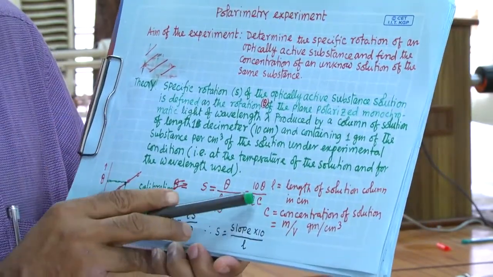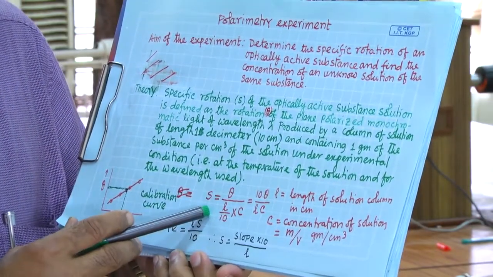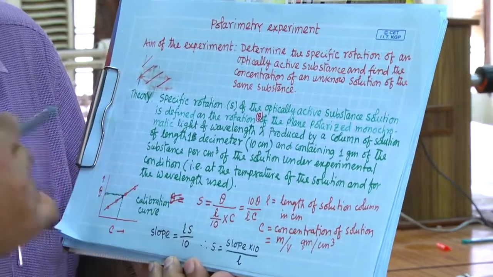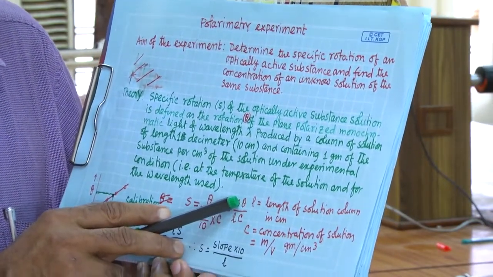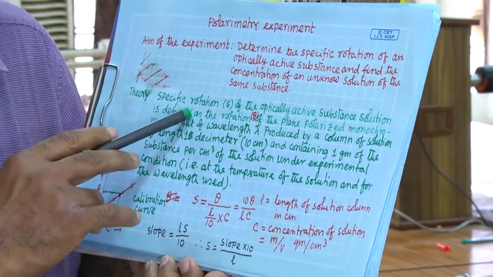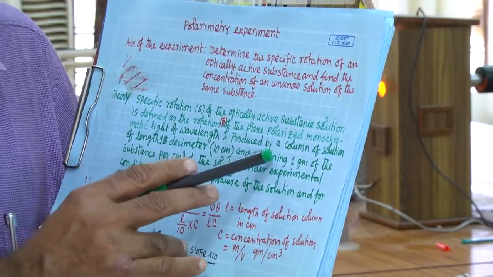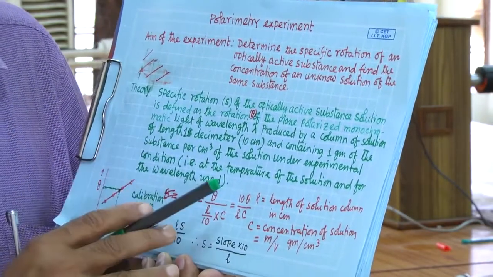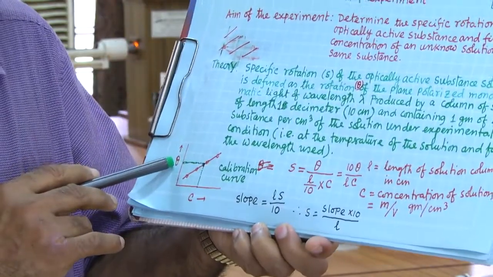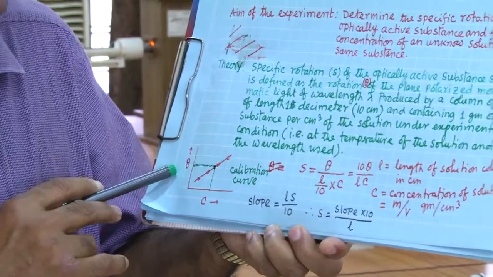So, for different concentrations of the solution, if we can measure the rotation of the plane polarized light, that means concentration versus the rotation, that angle theta, we can plot a graph of the rotation for different concentrations. Okay.